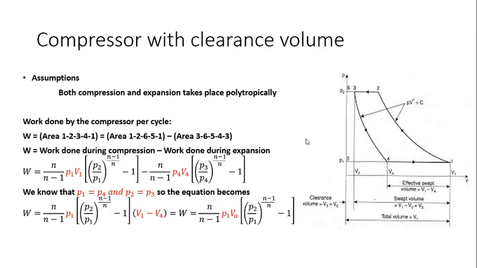Now see, at points 1 and 4 both are constant pressure processes. So P1 is equal to P4. Similarly, P2 is equal to P3, and V3 is nothing but Vc, the clearance volume.